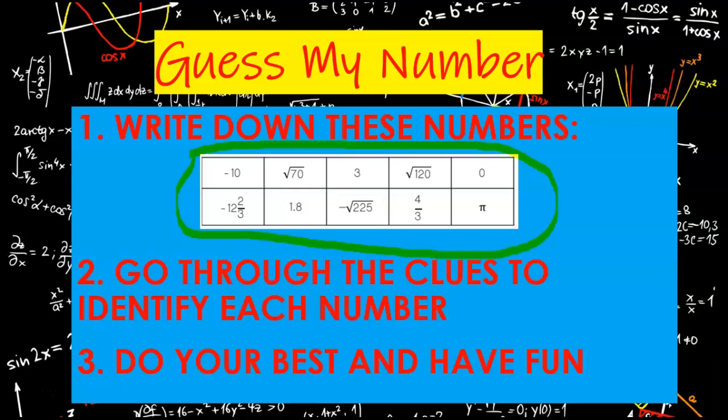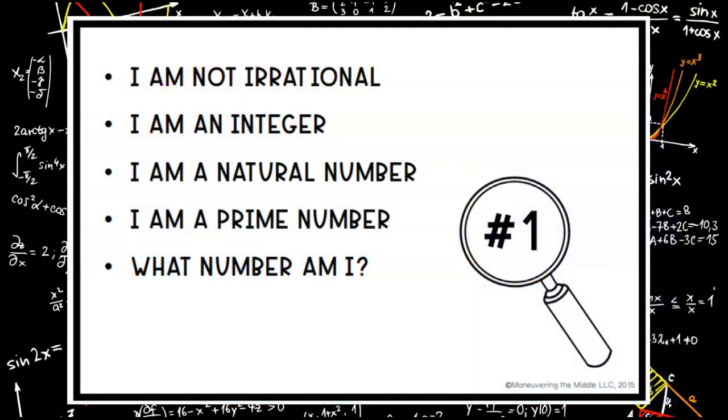All right, so now I'm going to go through 10 clues with you, and I want you to pick out which one of these values the clues are working for. Let's jump in. For number 1, this number is not irrational.